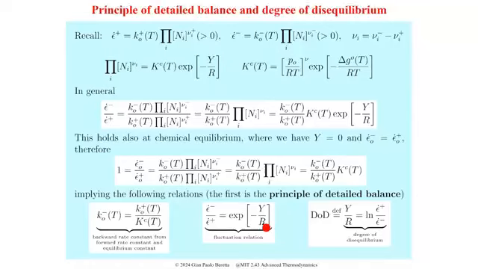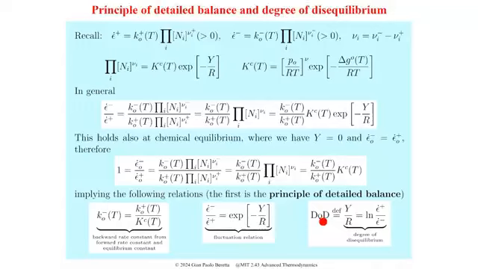If you take the logarithm of the inverse of that, so the logarithm of the forward to the backward rate, which by this formula is equal to the affinity divided by R.